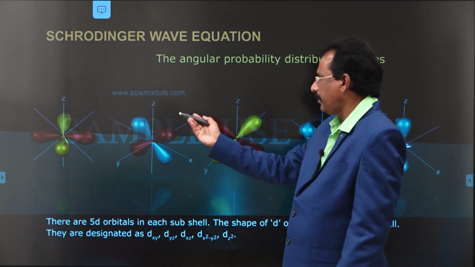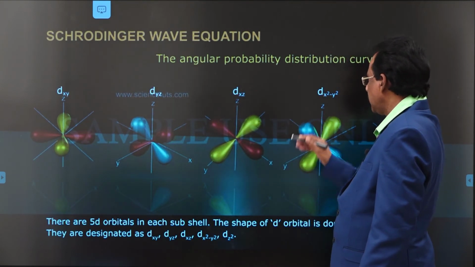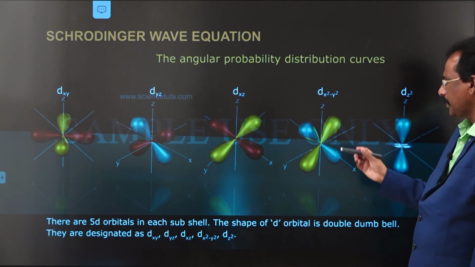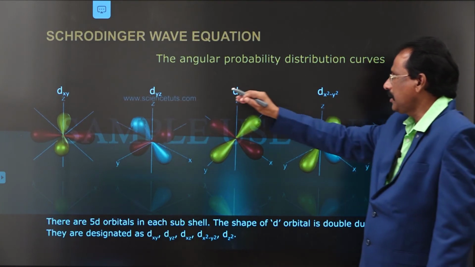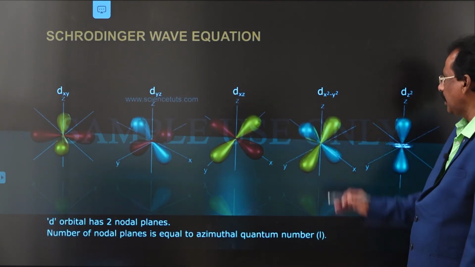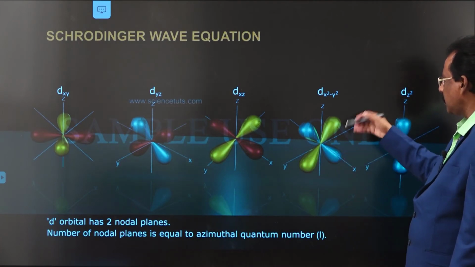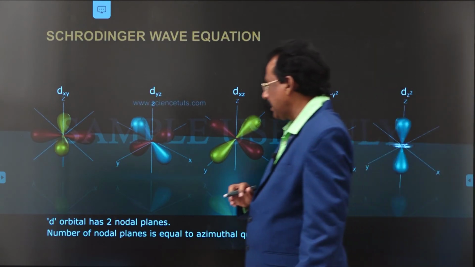This is the shape of dxy orbital, dyz, dxz. In these 3d orbitals, the lobes are concentrated in between the axes. Each d orbital contains 2 nodal planes. In this d orbital, lobes are concentrated along x and y directions, and dz square orbital shape is very peculiar.